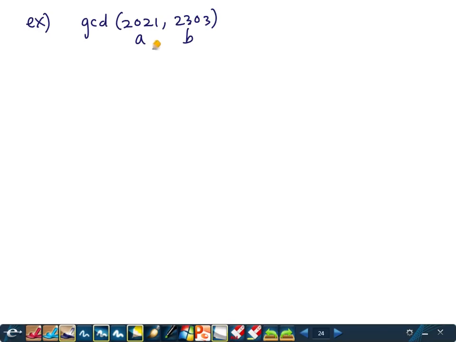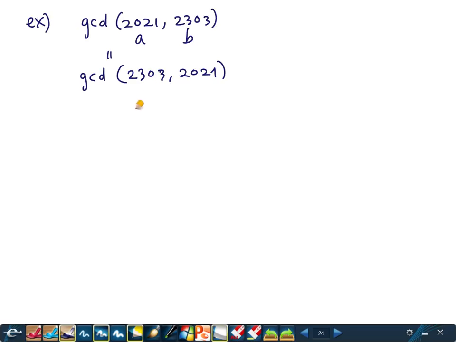Which one is bigger? B, right? B is bigger, so we swap this. Now this is GCD of 2303 and 2021.